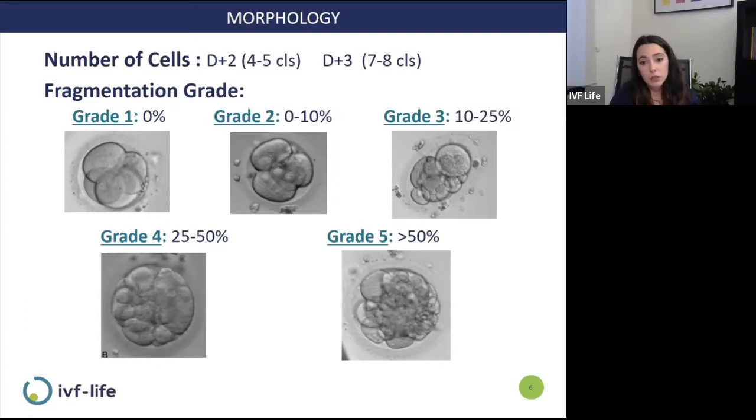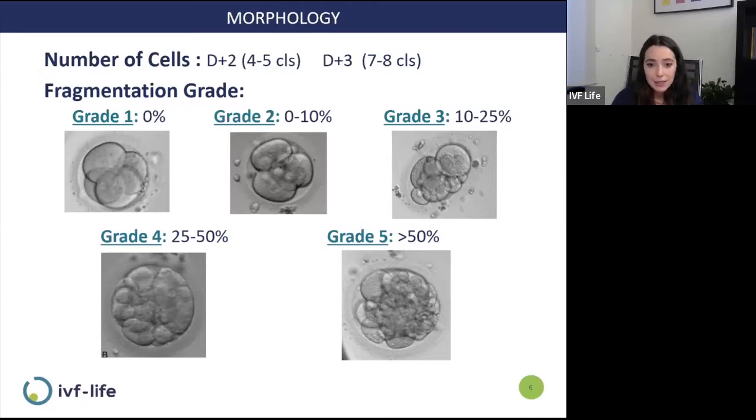The fragmentation rate goes from 1 to 5, being grade 1, 0% of fragmentation, no fragmentation at all; grade 2, less than 10% of fragmentation; grade 3, between 10 and 25% of fragmentation; grade 4, 25 to 50%; and grade 5, a fragmentation rate above 50%.